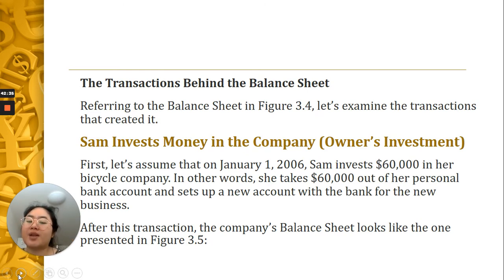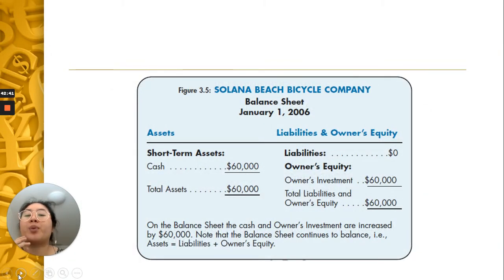So after this transaction, the company balance sheet will look like this: figure 3.5, the balance sheet of January the 1st.